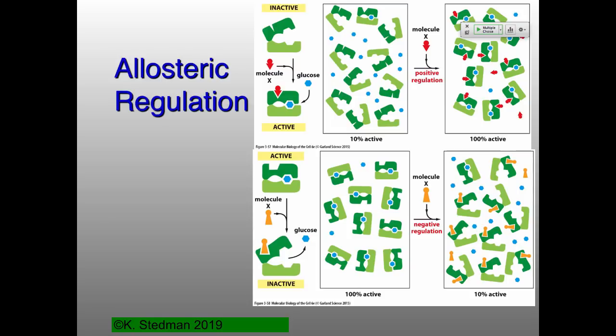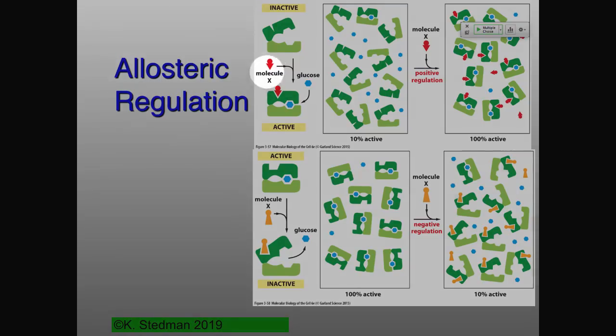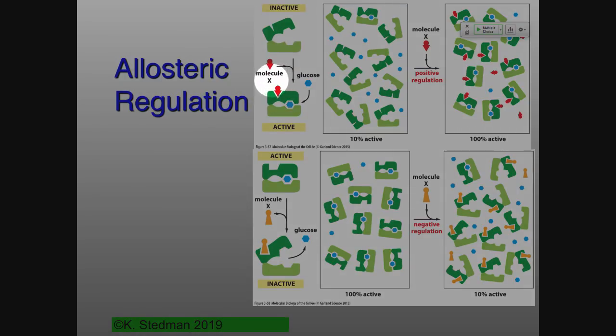And it modifies it in some way by binding at one point in the protein, which changes what happens in another part of the protein. In terms of enzymes, you can have either those which are serving as positive regulators, and also those that serve as negative regulators.